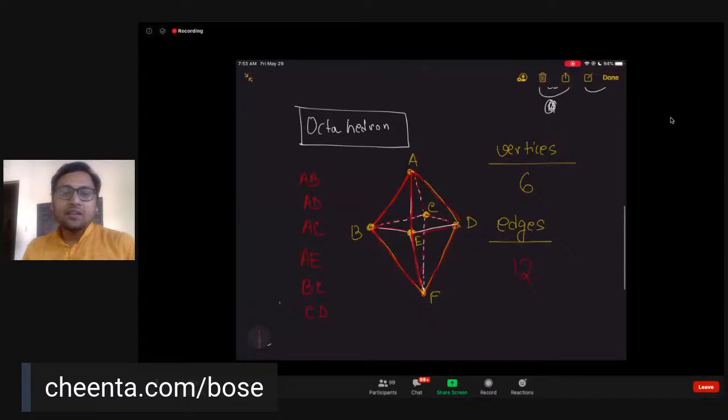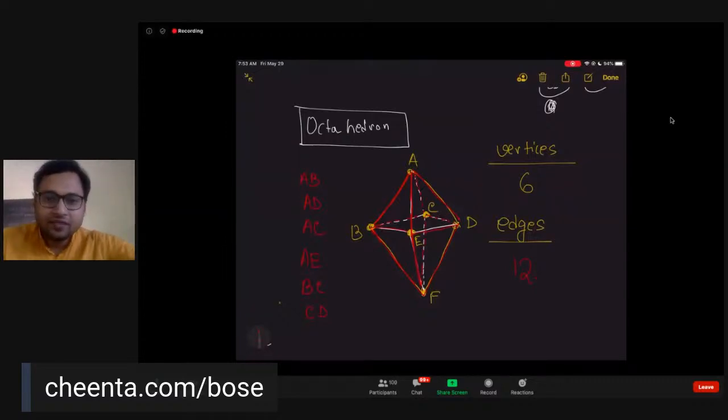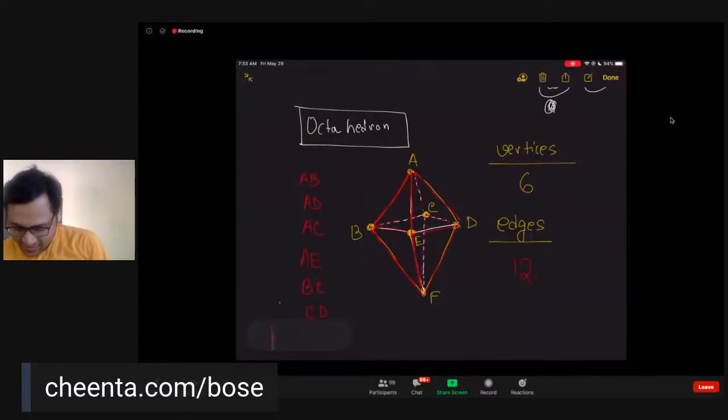Okay, how many faces are there? How many faces do we have? Think about it. So this is an octahedron. So octa means 8. So there has to be 8 faces.